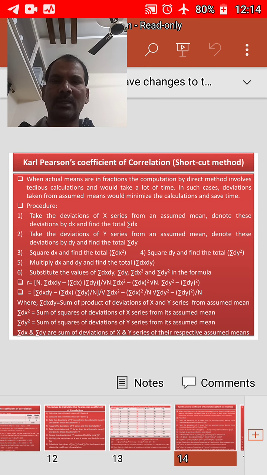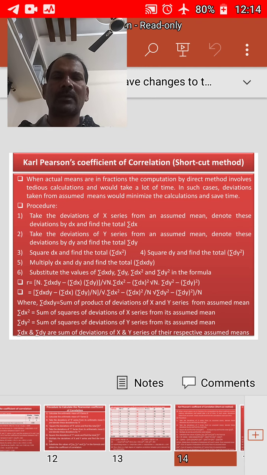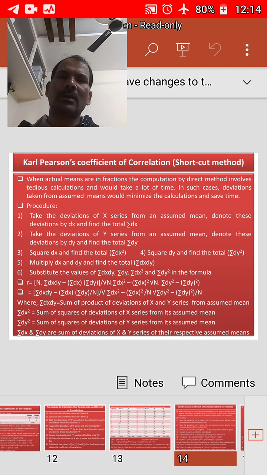First, take the deviations of x series from an assumed mean and denote these deviations by dx, and find the total, sigma dx. Second, take the deviations of y series from an assumed mean and denote these deviations by dy, and find the total, sigma dy.